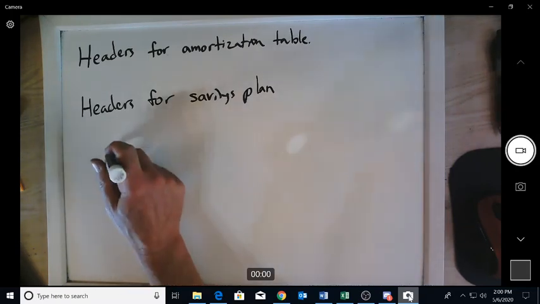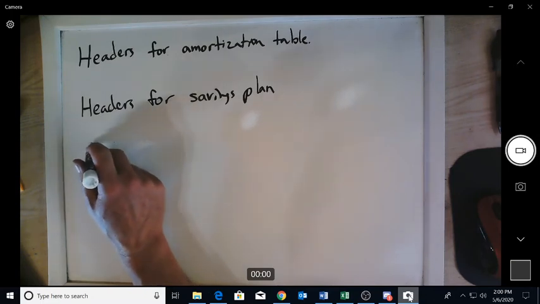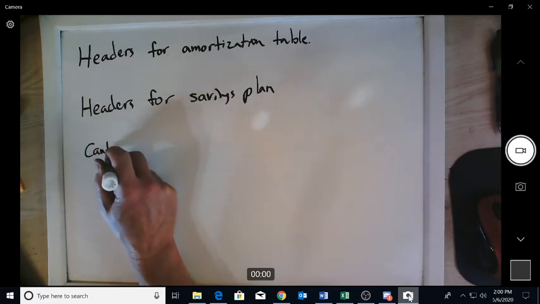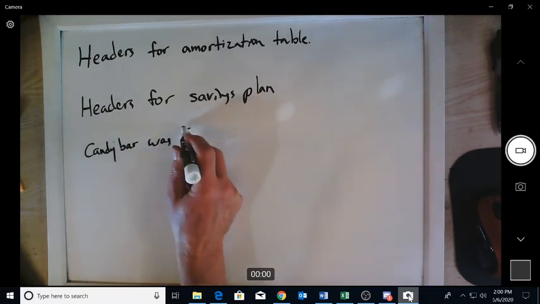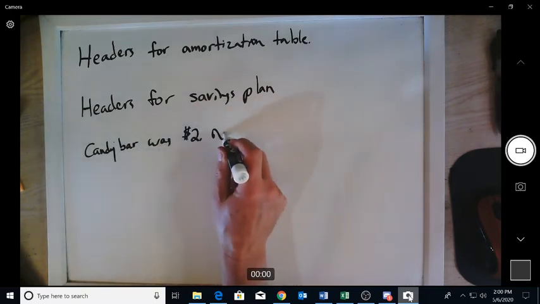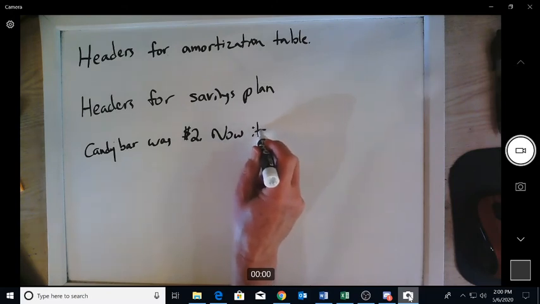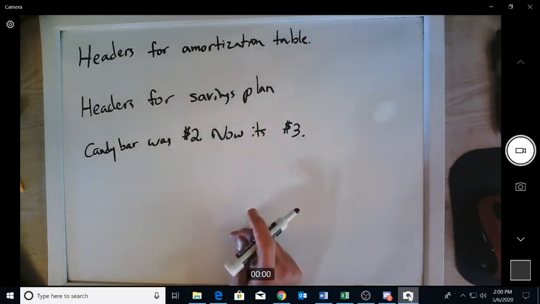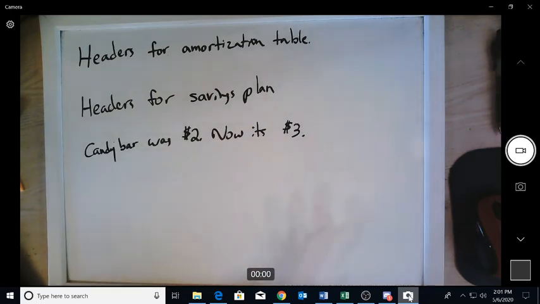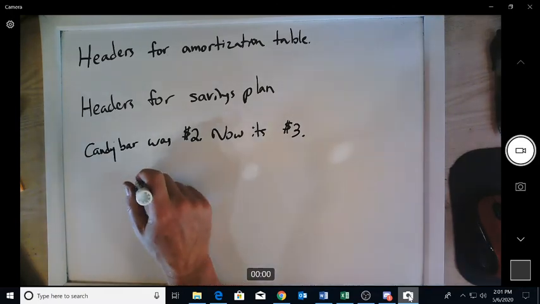So my favorite candy bar was $2. Now it's $3. When I do a really, really simple one, it really helps get me oriented.